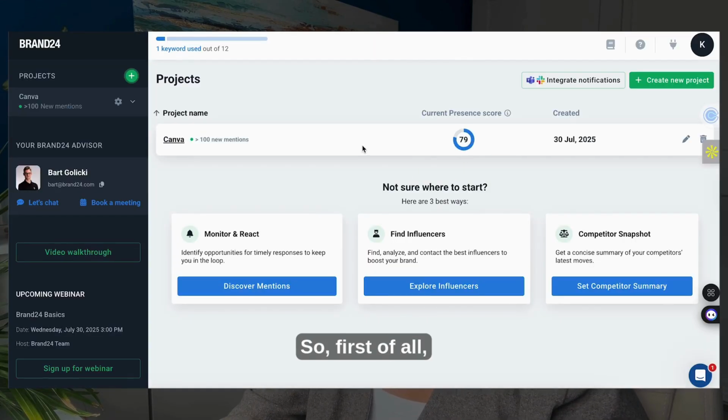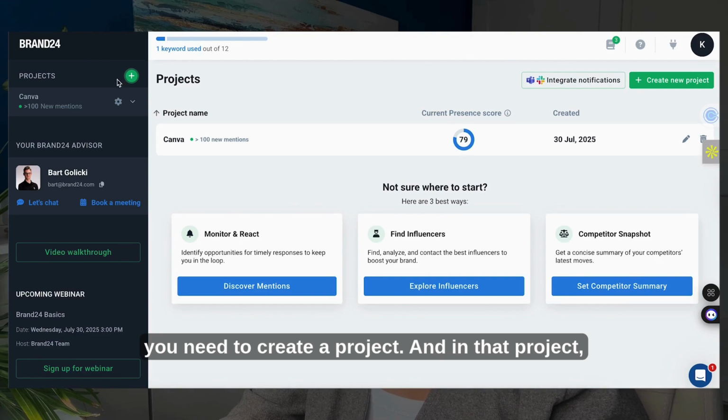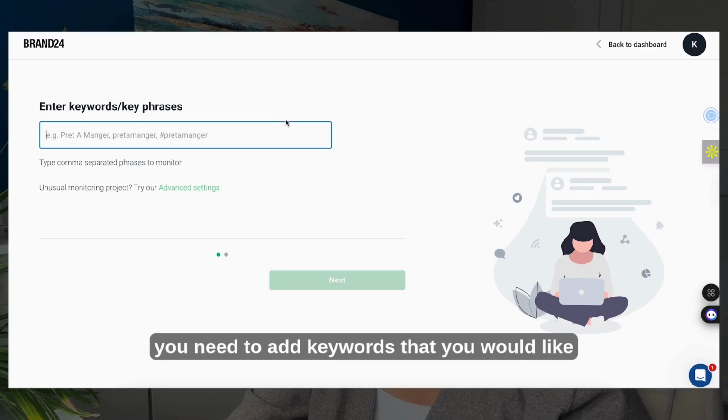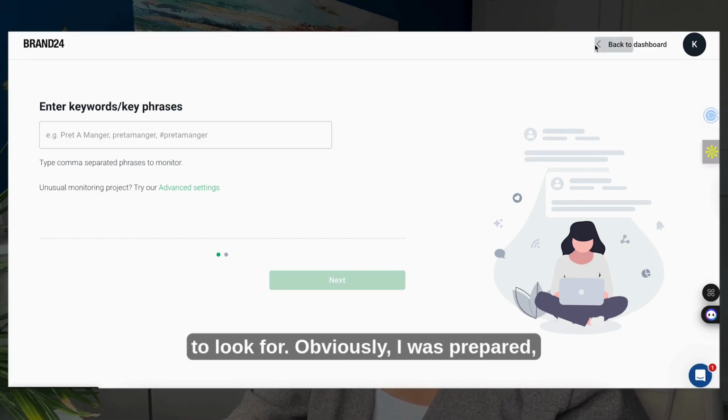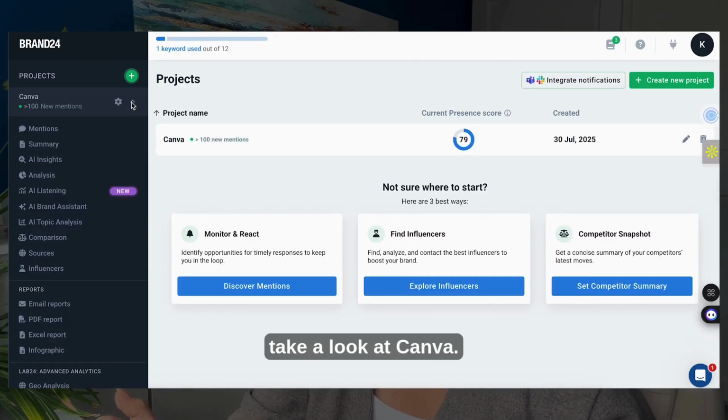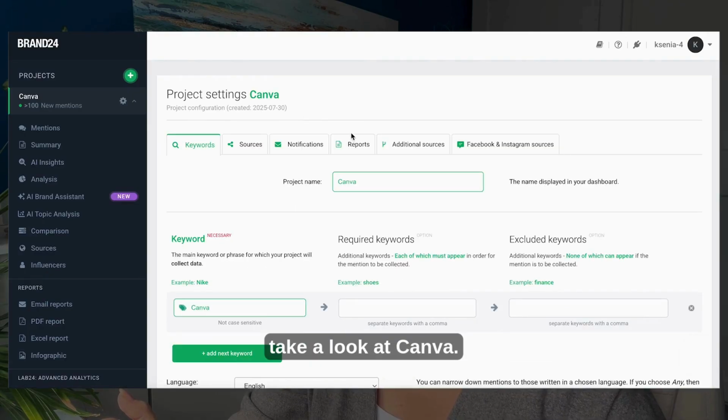Okay, so first of all, you need to create a project, and in that project you need to add keywords that you would like to look for. Now, obviously I was prepared, so I decided to take a look at Canva.